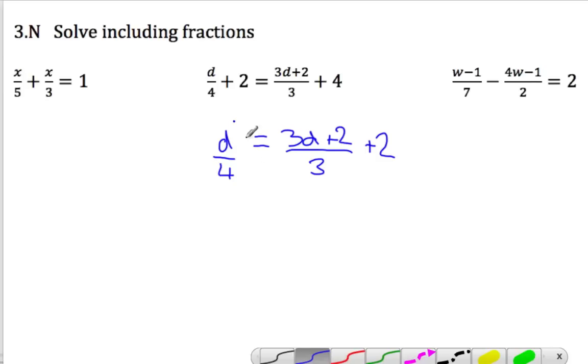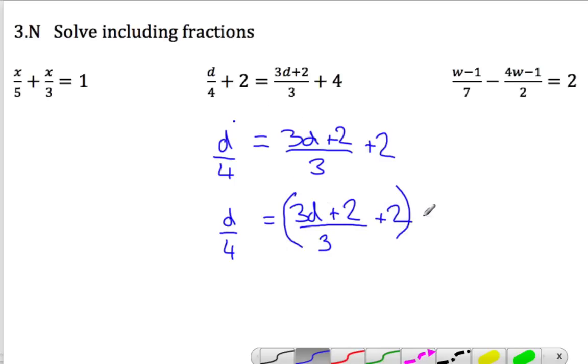I was thinking, let's write this out again for another stage. Why don't we look at the denominators? If we times everything by 12, because that's the lowest common multiple of 4 and 3, we're going to get whole numbers. All right, let's do that.